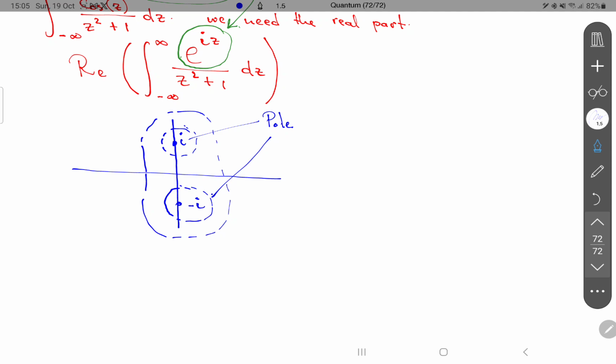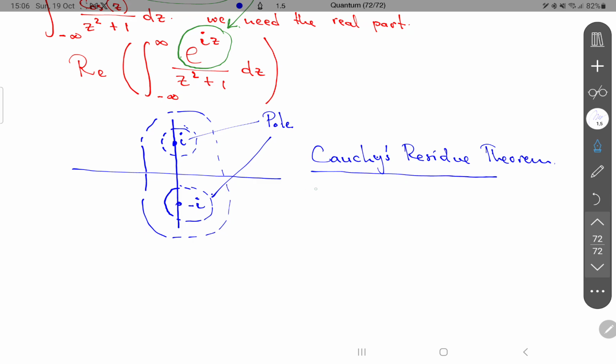So we will then go to the idea that leads to Cauchy's residue theorem. Now, what does Cauchy's residue theorem state?